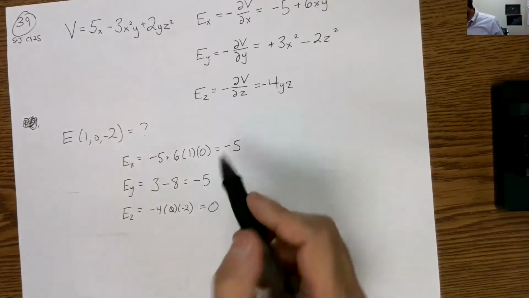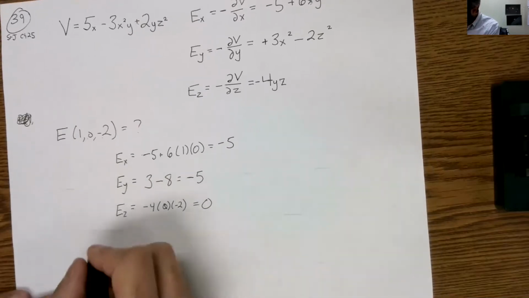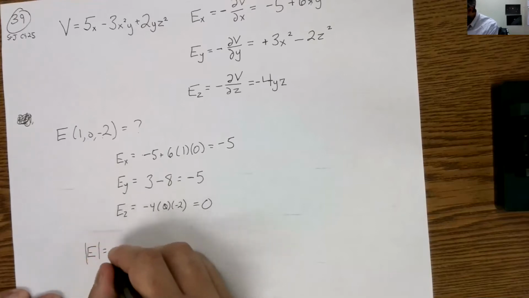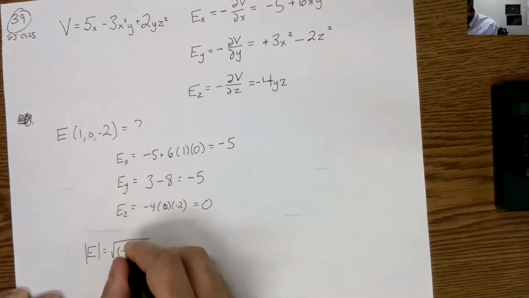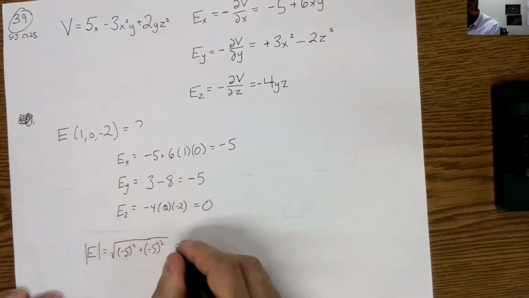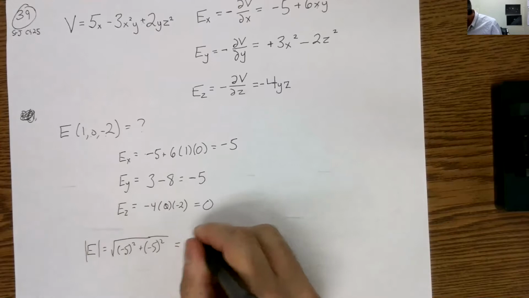So since we only really have 2 components here, we can just use the normal Pythagorean theorem, in 2 dimensions. Right? So the magnitude of E is just going to be the square root of negative 5 squared plus negative 5 squared. And what's that going to be equal to? The square root of 50, right? Because 25 plus 25.